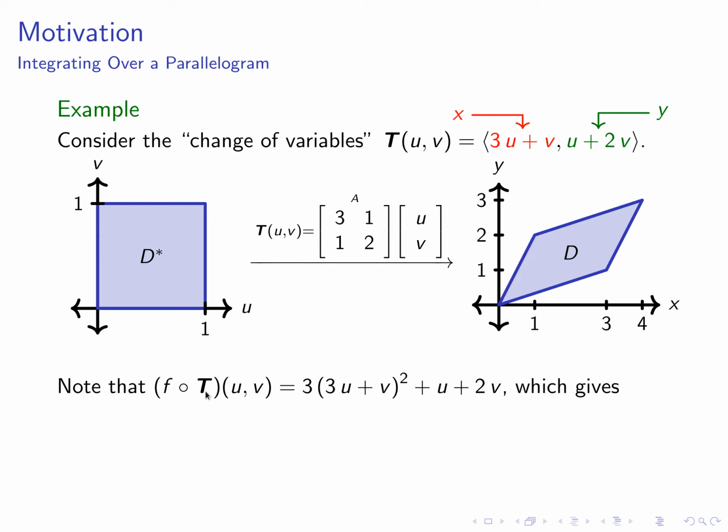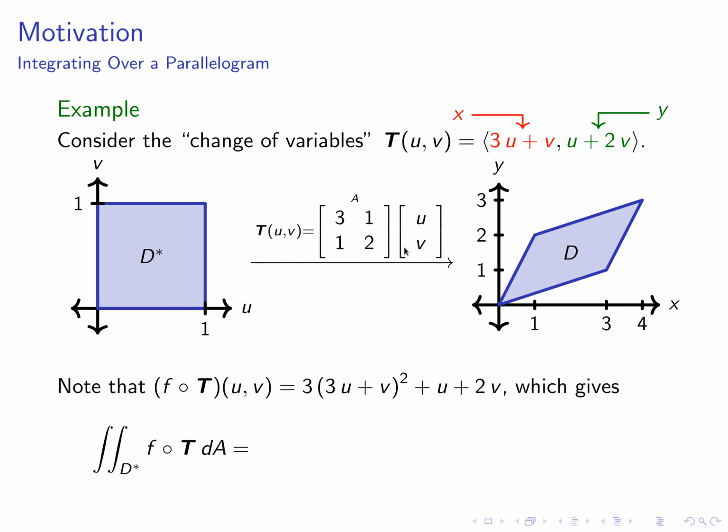When we compose f with T, we now get 3 times the quantity 3u plus v squared plus the quantity u plus 2v. And so what we might naively do is say, after making these substitutions for x and y, let's use this as our density function and then integrate over the unit square in uv space. Let's see what happens when we do that.